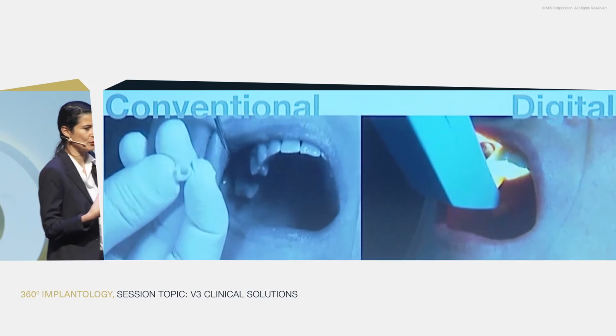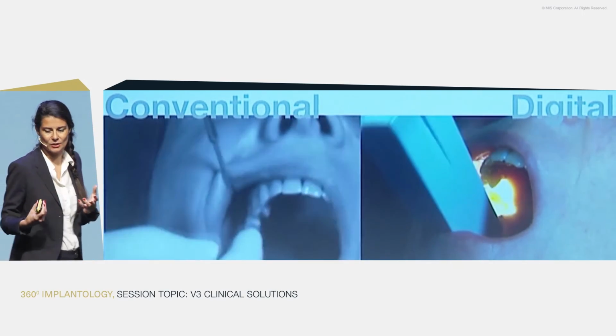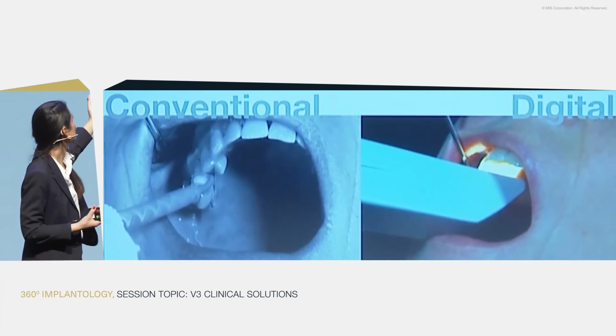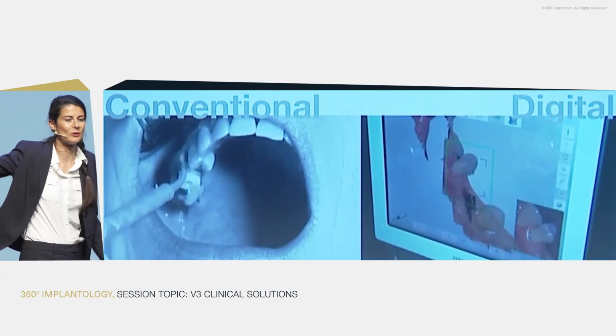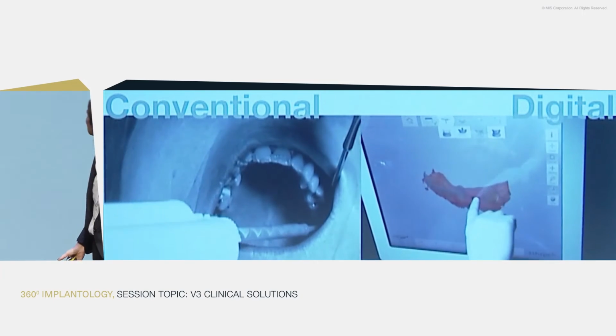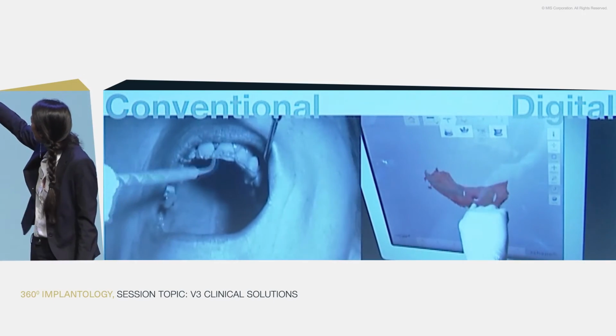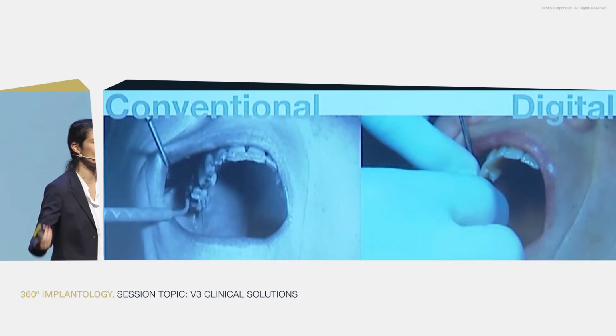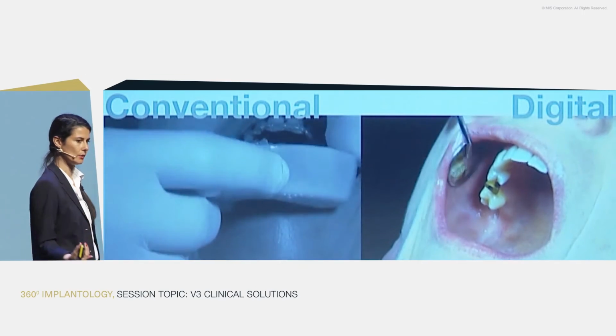Each patient had first the digital impression and then the conventional. I suggest that you rather focus on the digital movie here, because you all know how the conventional impression goes. First we do a shot without the scan body, then you place the scan body, and then you complete your digital impression.